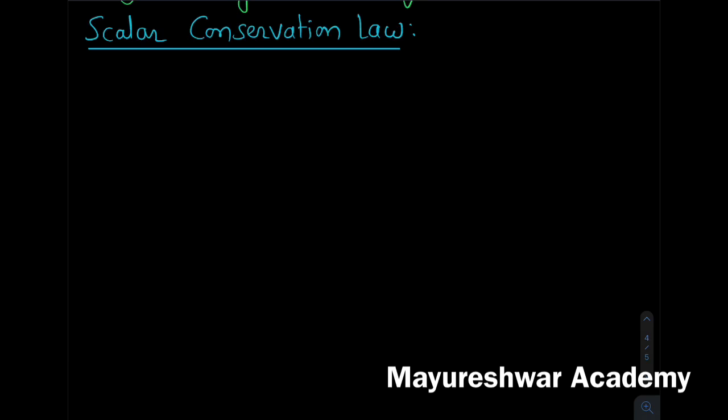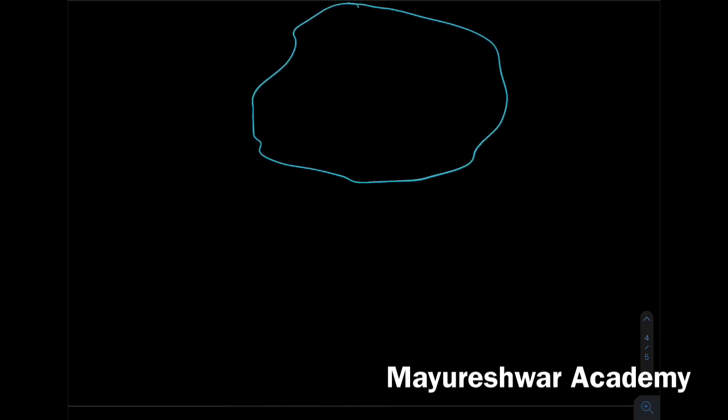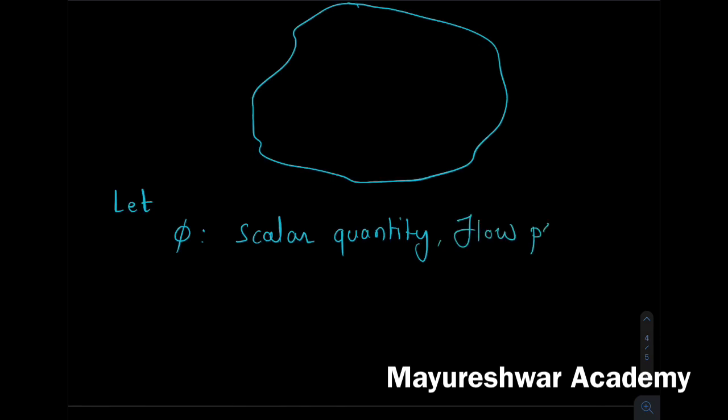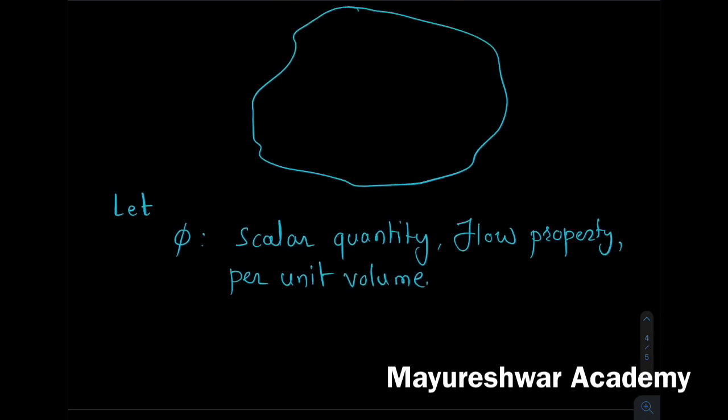So let us consider an arbitrarily shaped control volume as a domain, what we have stated above. So let phi be any scalar quantity, which can usually be a flow property, and this quantity is per unit volume because it is situated within a control volume.